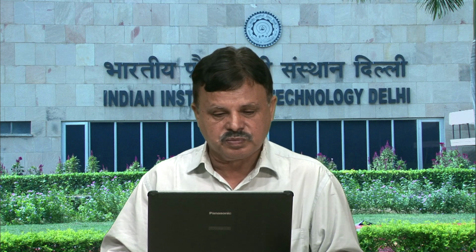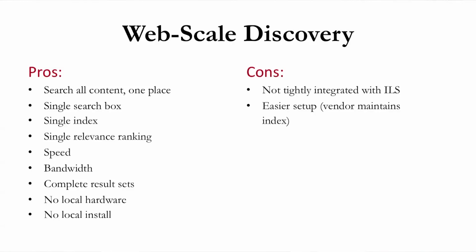So, what kind of benefit do these Webscale discovery platforms provide? They basically provide search of all contents at one place: single search box, single index, single relevance ranking, speed, bandwidth, complete result set, no local hardware, no local installation.